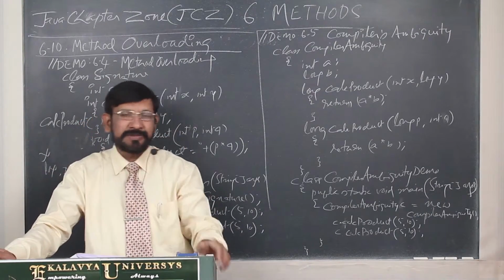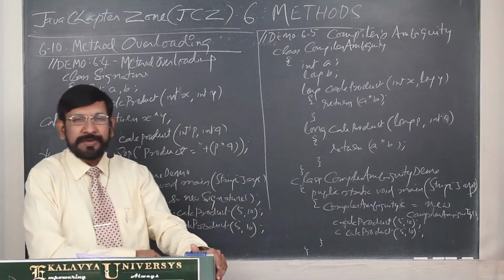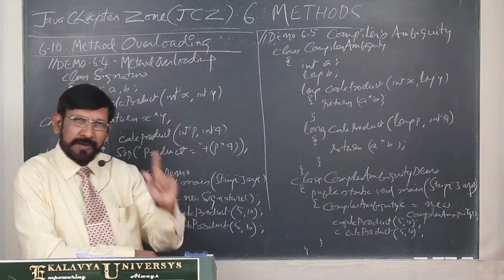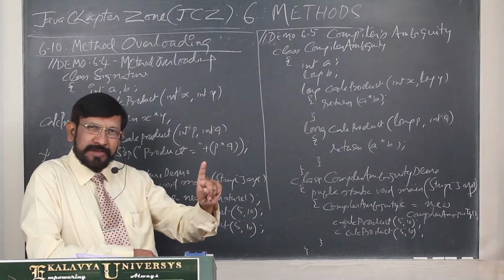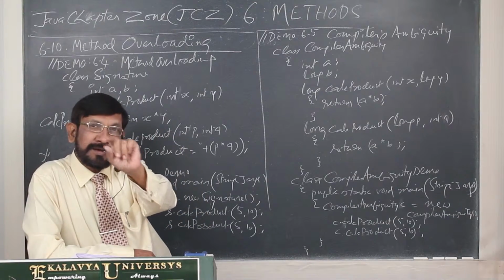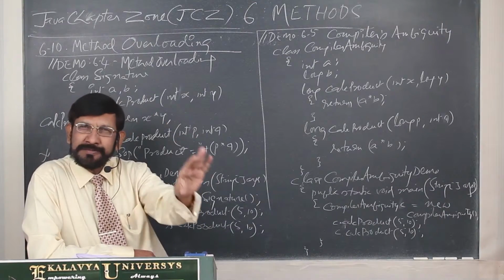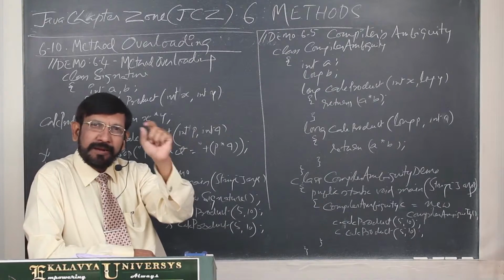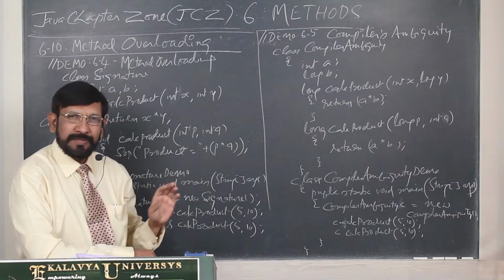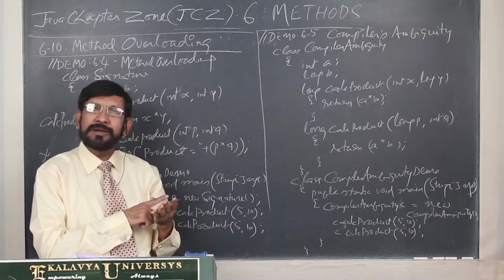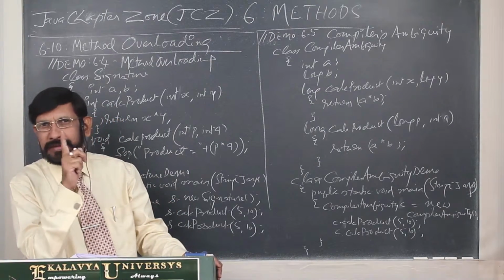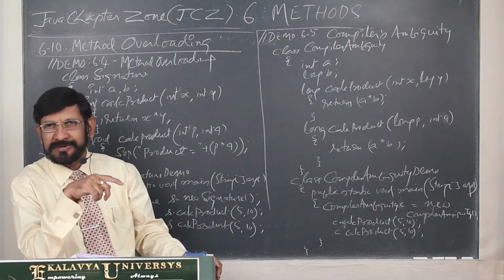S Mohan represents only one person. In that way, signature always means the name of the method and the list of the types of parameters. Names are immaterial, it is the list of the types of parameters. So once again I am repeating, calculateProduct int is the signature.